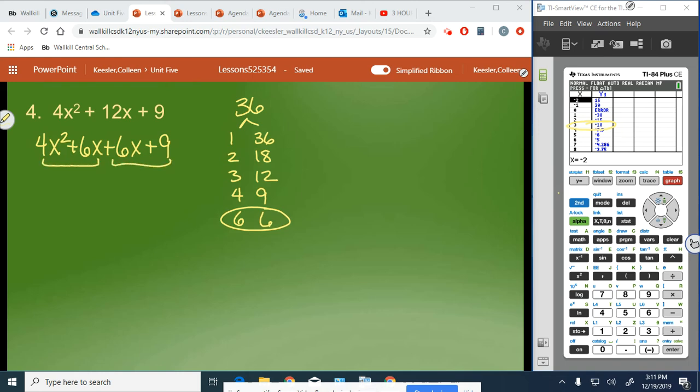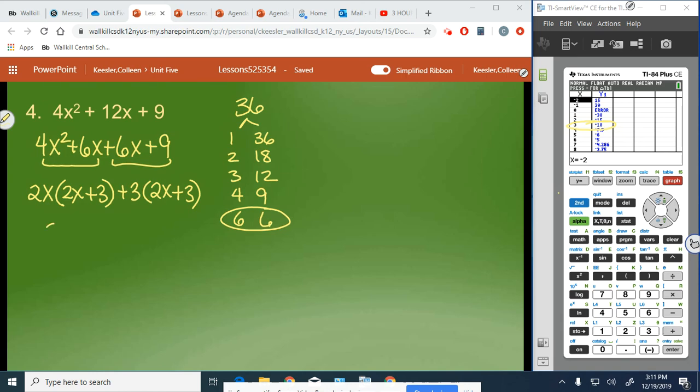From the first pair, I can take out 2x, and 2x times 2x makes 2x squared. 2x times 3 makes 6x. So remember, our next set of parentheses should also be 2x plus 3. So now from 6x plus 9, I can take out 3, and I get 3 times 2x again makes 6x, and 3 times 3 again makes 9.